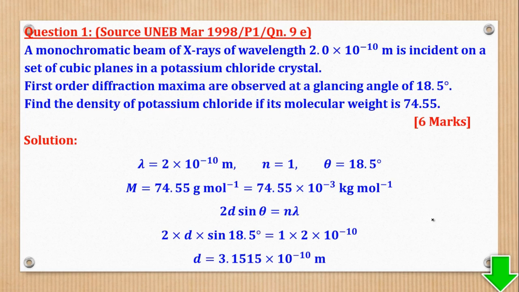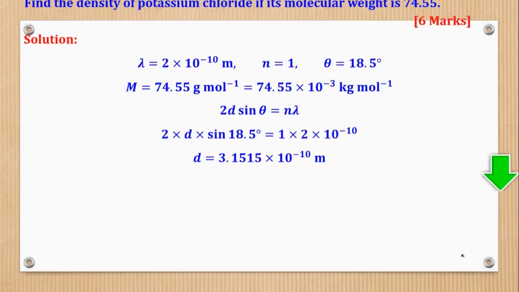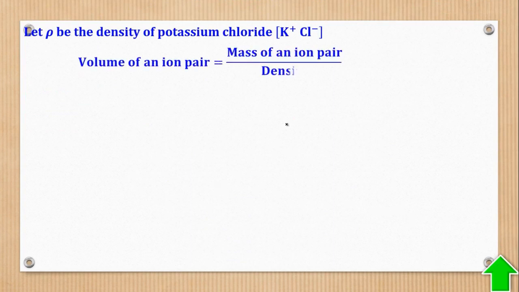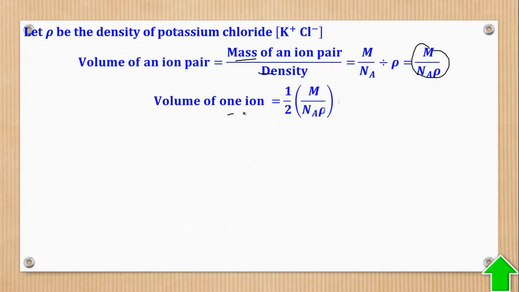So after getting d, we shall come here and say that let rho be the density of potassium chloride. Then volume of an ion pair is equal to mass of an ion pair over density, which gives this. So we have already seen this, but our interest is one ion, so we get half of it, and that is equal to d cubed because of the cubic spacing.